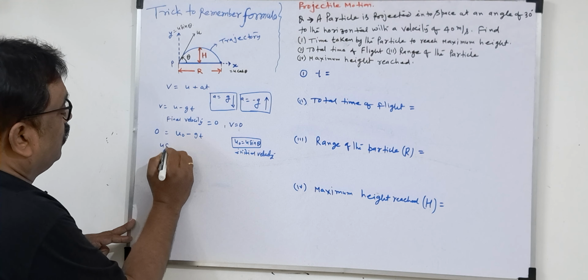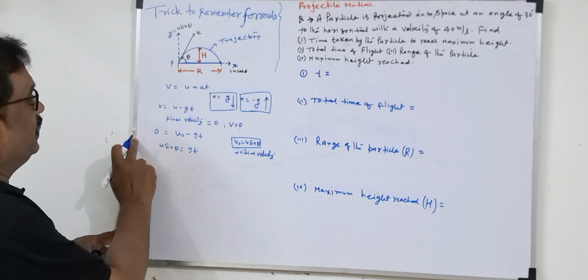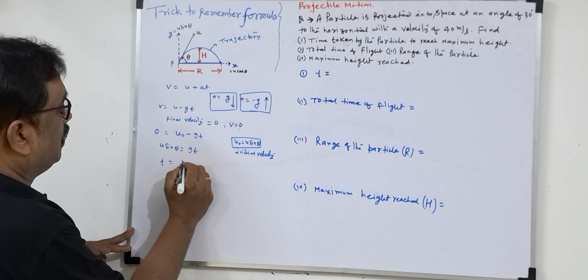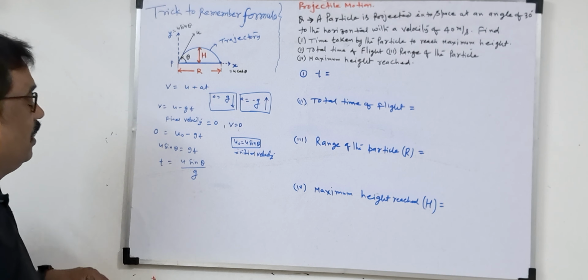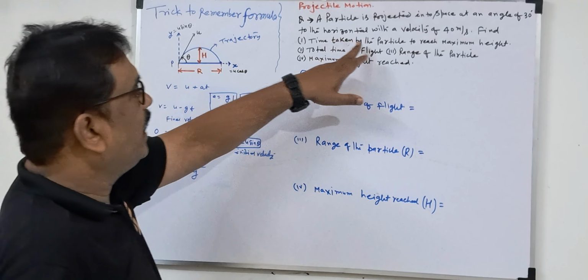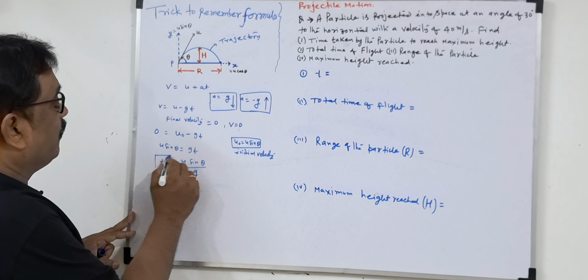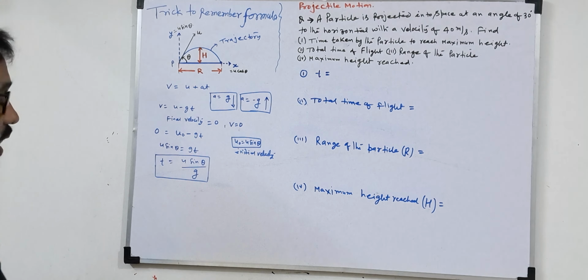U sin theta is equal to GT, because bringing GT to this side, T is equal to nothing but U sin theta by G. What is this? It is the time taken by the particle to reach the maximum height. This is the formula that came.